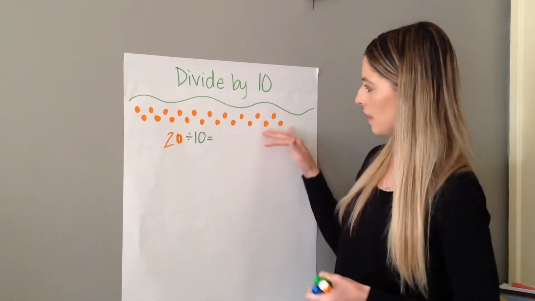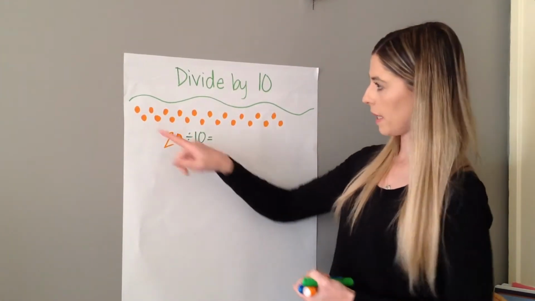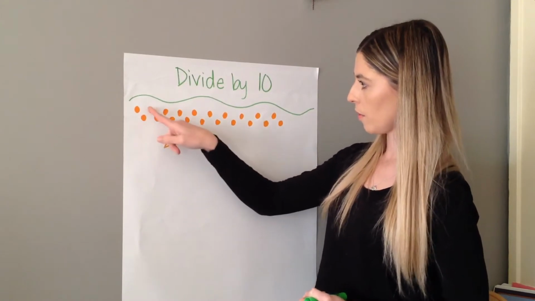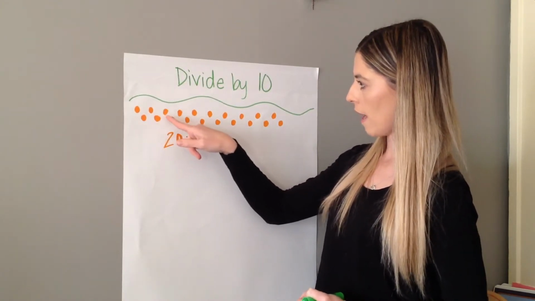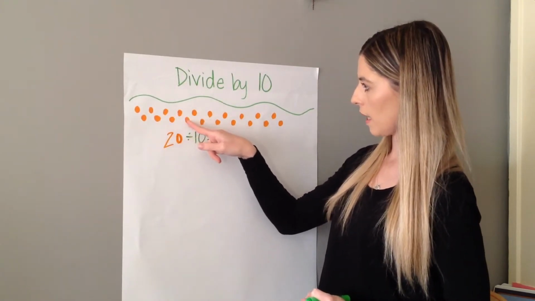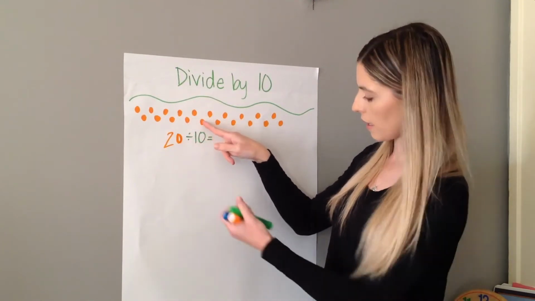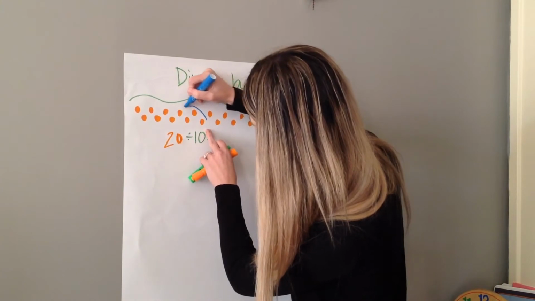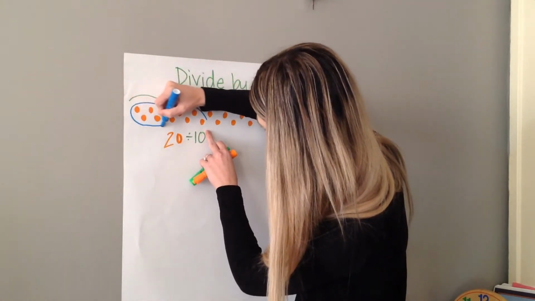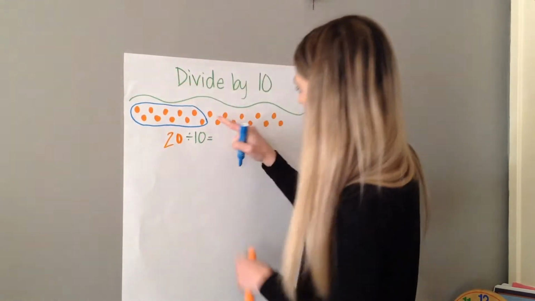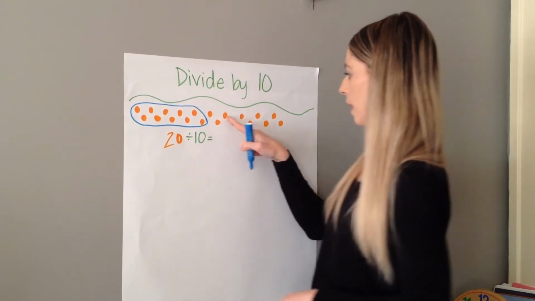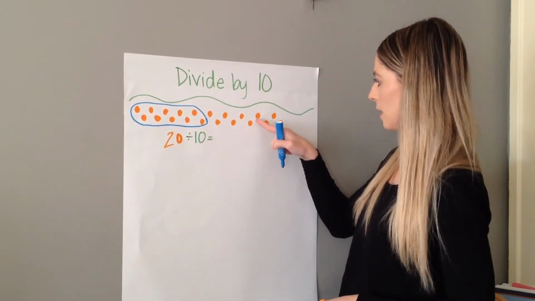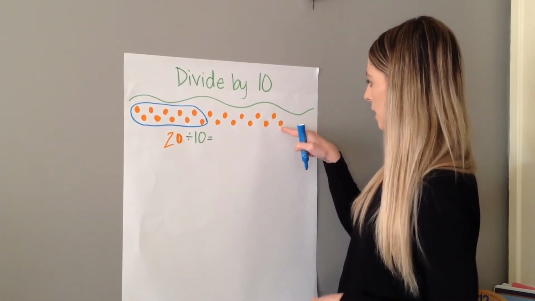So let's count this and we'll circle each group of 10. So we have 1, 2, 3, 4, 5, 6, 7, 8, 9, 10 right here. So I'm going to circle with this. And 1, 2, 3, 4, 5, 6, 7, 8, 9, 10.